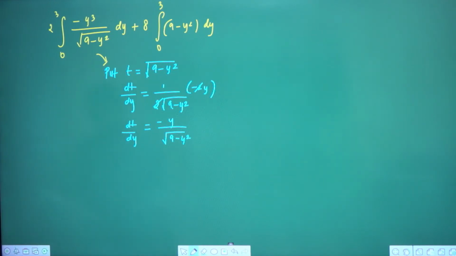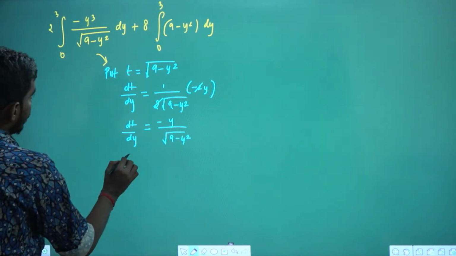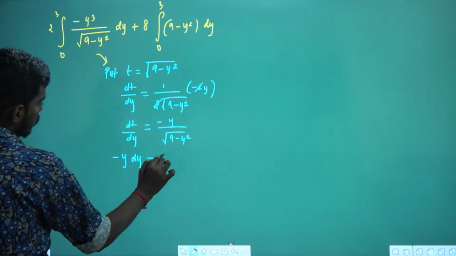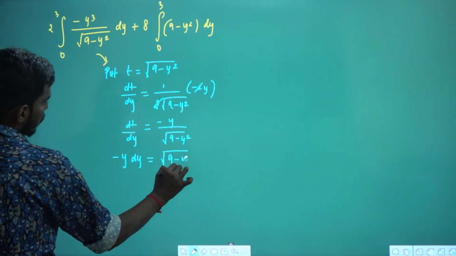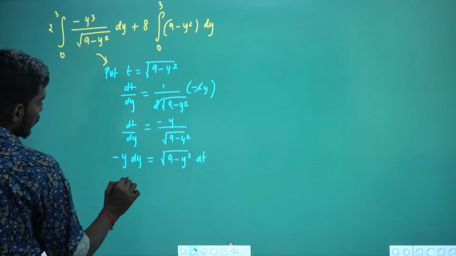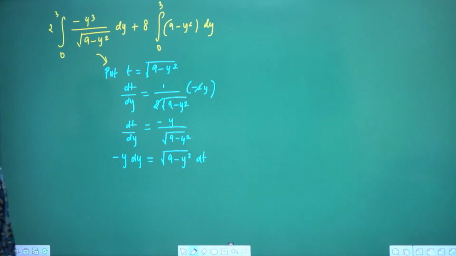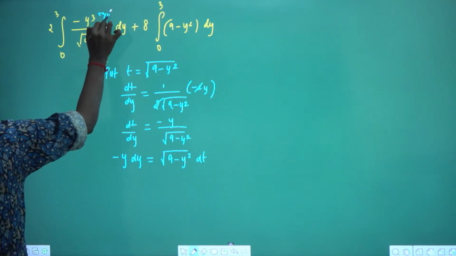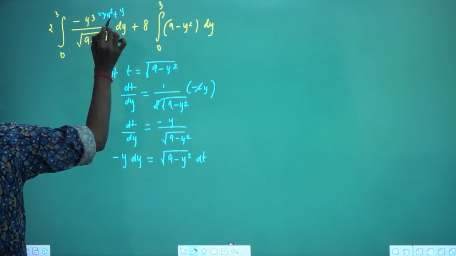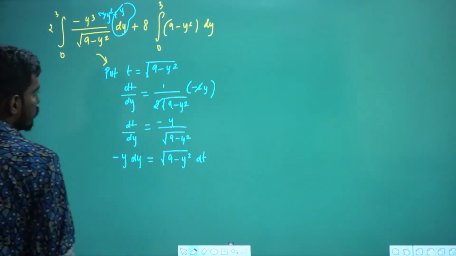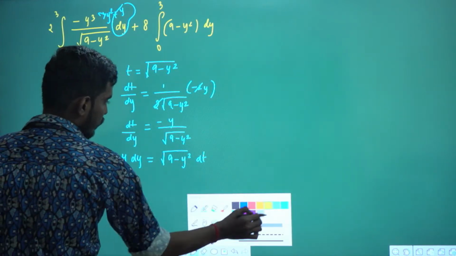dt by dy. So minus y dy is square root of 9 minus y square dt. So minus y dy is root of 9 minus y square, right? Let me write this y square as y square into y. So I can write this y dy as, see, just a normal integration.